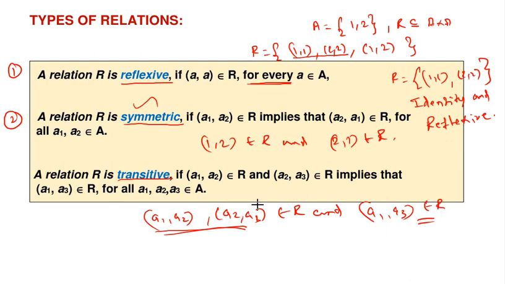This is true for every pair of ordered pairs (a1,a2), (a2,a3), and (a1,a3) is also part of the relation. Then this kind of relation is known as a transitive relation.